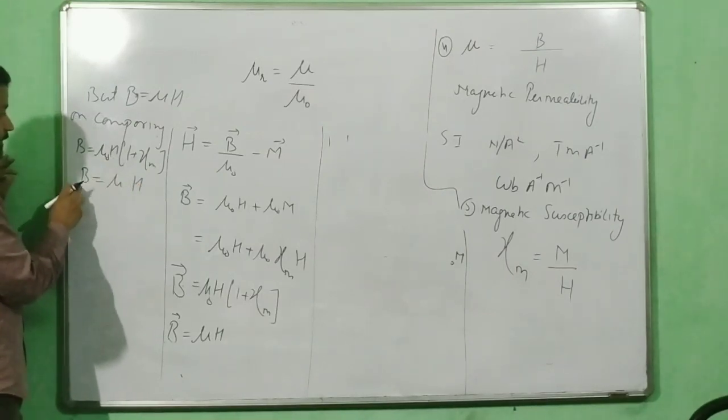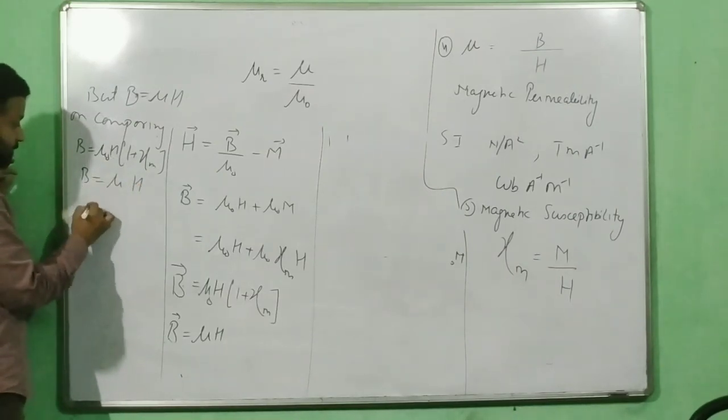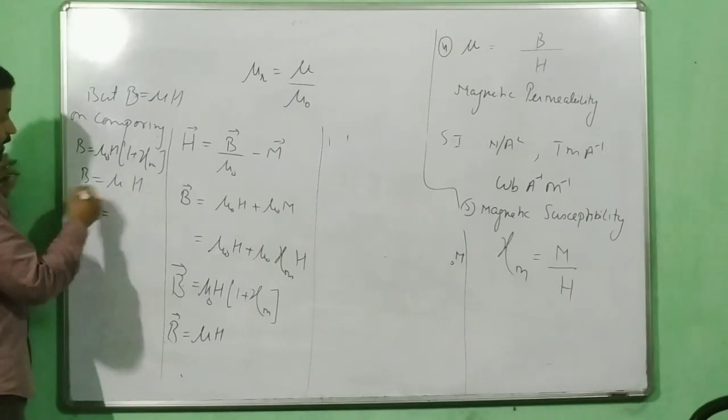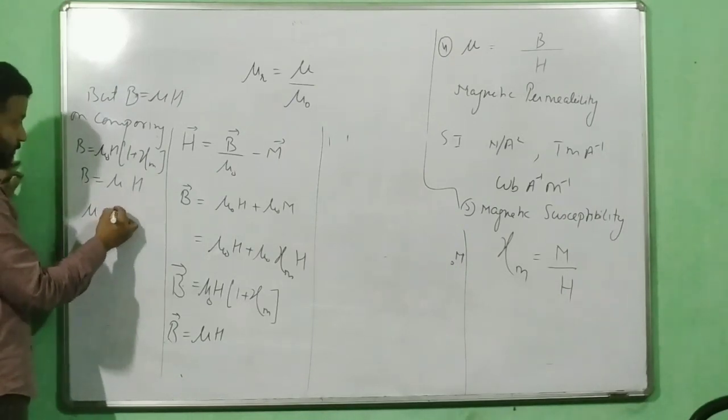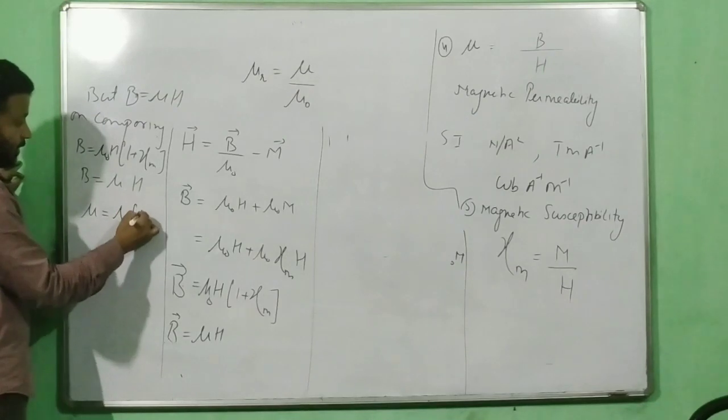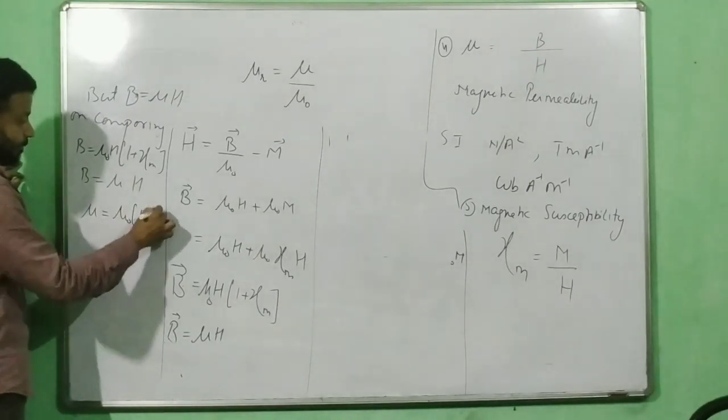H and H will get cancelled out, B and B will get cancelled out. So that means mu should be equal to mu naught times 1 plus xi m.